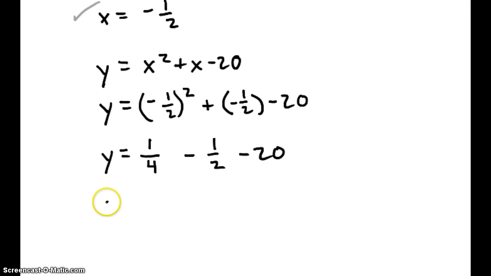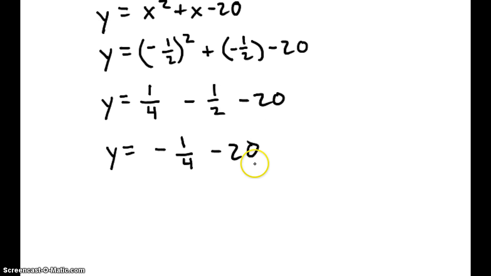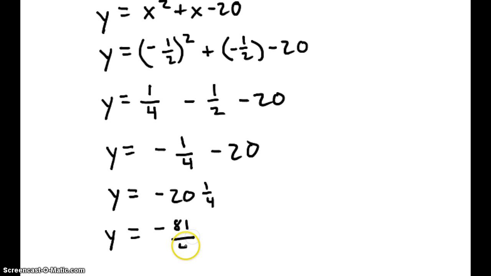And then I get y is equal to negative 1/4 minus 20. All I did was I took 1/4, subtracted 1/2, and I get negative 1/4. And this will give me y is equal to negative 20 and 1/4. If I write that as an improper fraction, I get y is equal to negative 81 over 4.